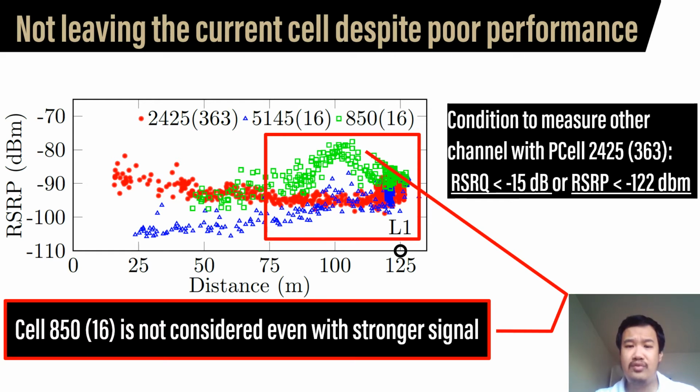But no handoff to cell 16 happens, because cell 363 configures the mobile device to measure any cells operated on other channels only when its radio signal drops below -15 dB for RSRQ or -122 dBm for RSRP. In this instance, such condition is not satisfied, and thus no measurements over well-performed cells like cell 16 are performed.